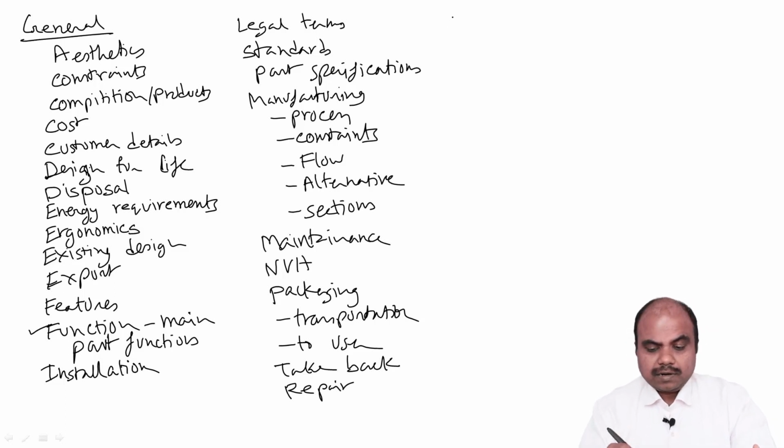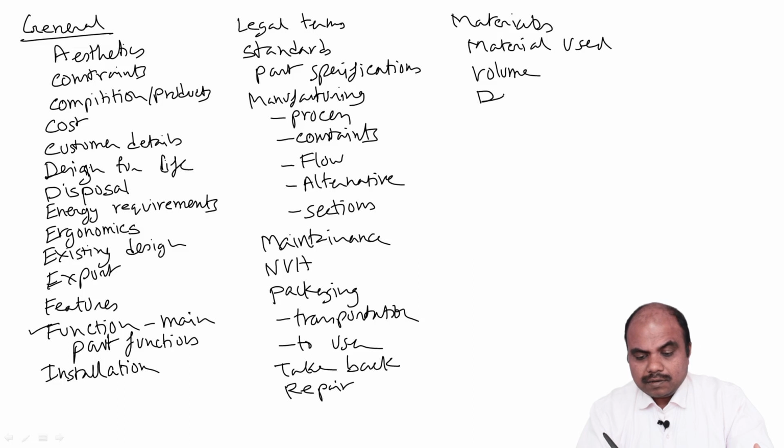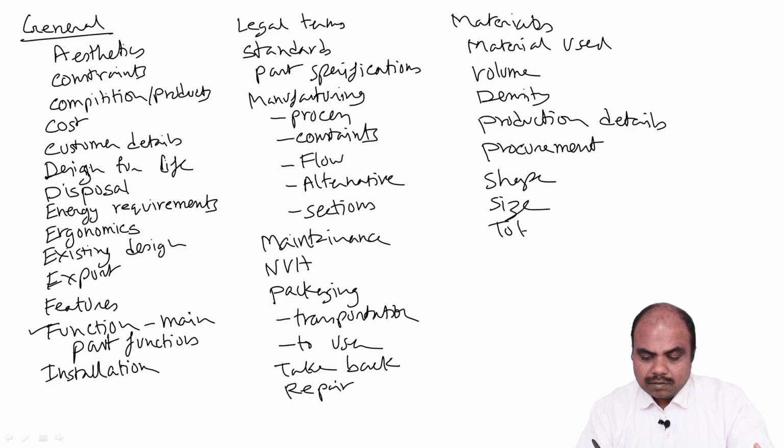Then it could be under materials also. You can say material used. You can say the volume, density, production, procurement, and then shape, size, tolerances, surface finish.